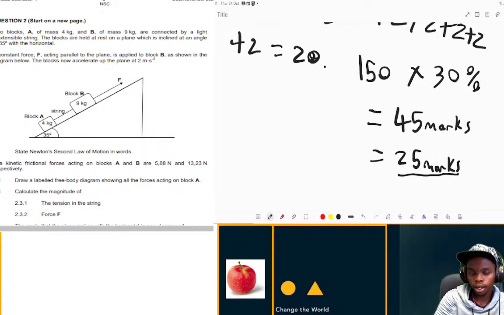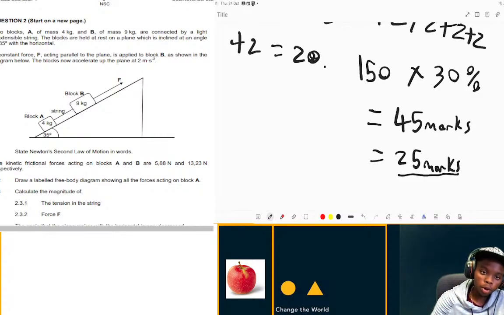Once you get it right, you're already halfway through your answer, because once you have the free body diagram right, it's easy to get the answer right. If you have the free body diagram wrong, you get the answer wrong, because the free body diagram is a guide.